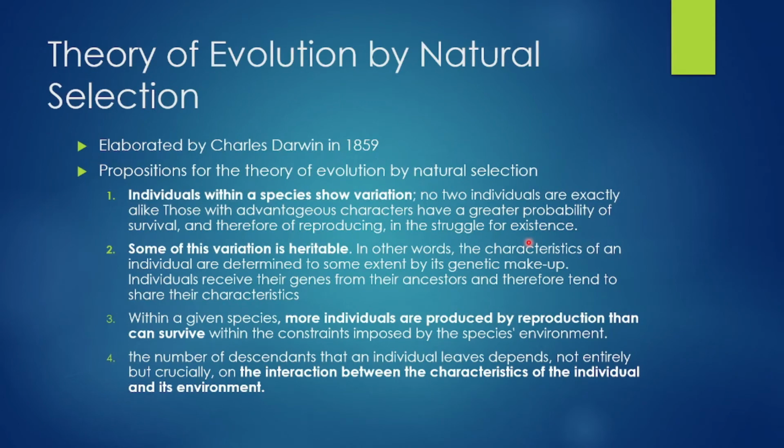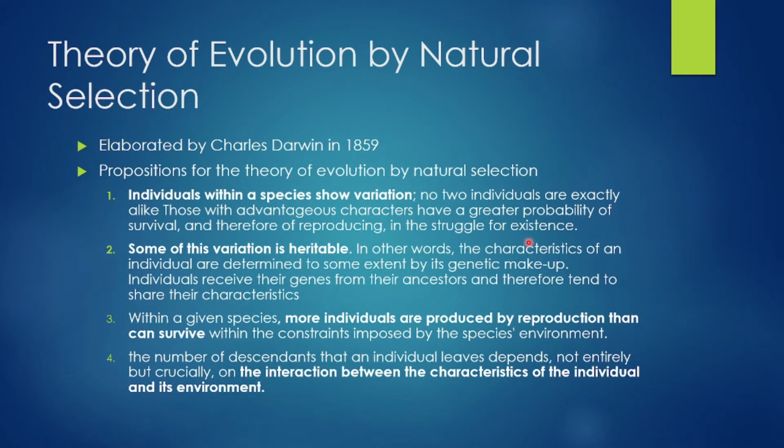So now, the theory of evolution by natural selection. We will not really go into too much detail with this. We're just going to run down the basics of it. I'm sure you are familiar with the theory of evolution by Charles Darwin. This was published in 1859 along with his contemporaries.